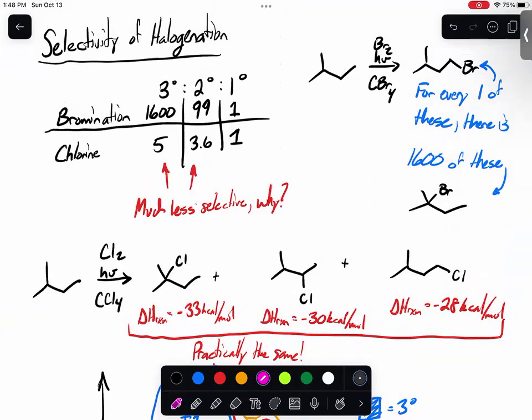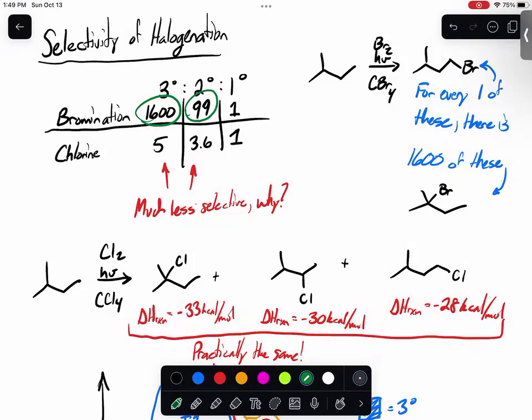All of that being said, chlorination we will not look at for the most part in this course for doing radical halogenations. We're going to mostly stick to bromine because in the case of bromine, you can predict what is going to occur, right? So with that being said, predicting how these reactions are going to work is very important.